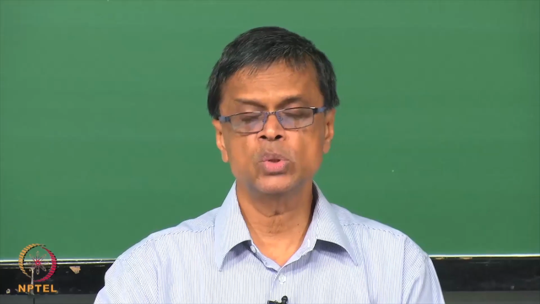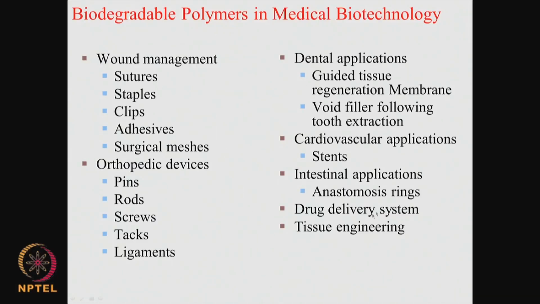Once the tissue has grown and occupied the void, then the scaffold material should completely disappear, we do not want the scaffold to remain. So, in all these areas we would like the material to completely degrade and come out of the system or get completely resorbed.